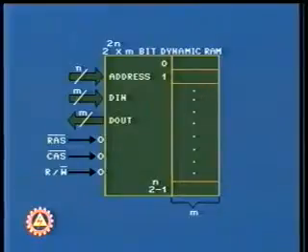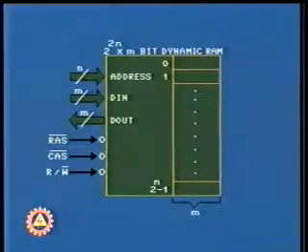To reduce the number of pins, the RAS bar and CAS bar lines are used to address 2 to the power 2n locations. Commercially available dynamic RAM memory chips are usually single-bit registers. The row and column organization ensures simultaneous refreshing of all cells within one interval.